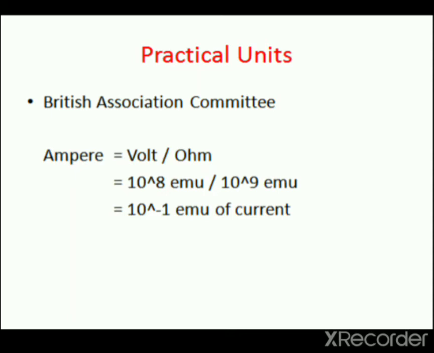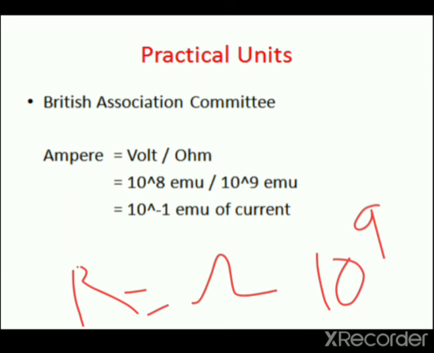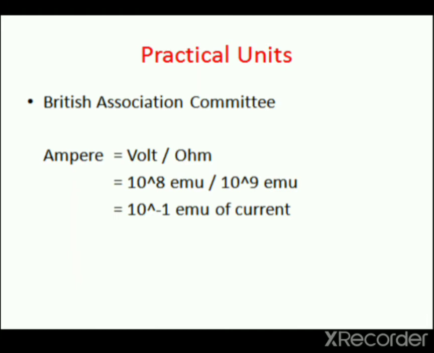The practical unit of resistance, that is ohm, is taken as 10 raised to 9 CGS electromagnetic units by the British Association Committee on Electrical Units.